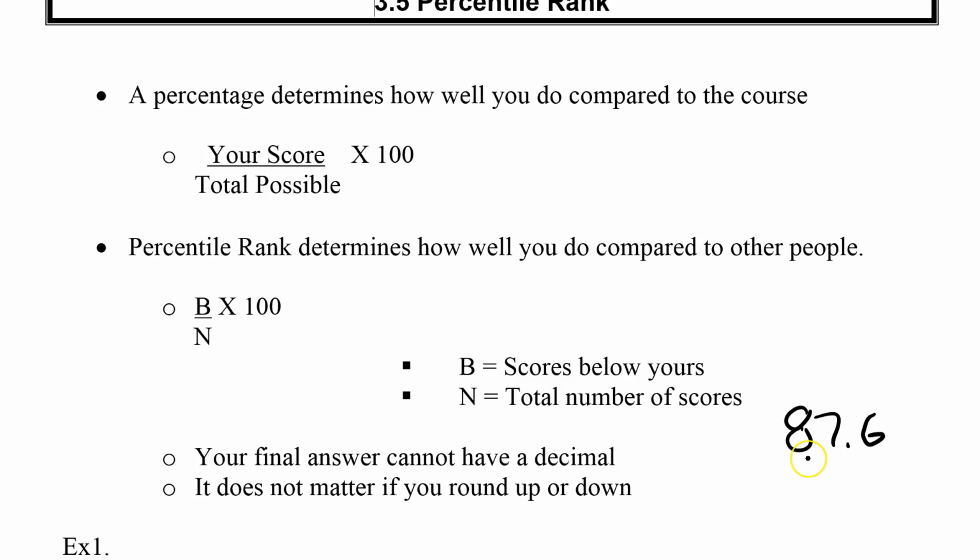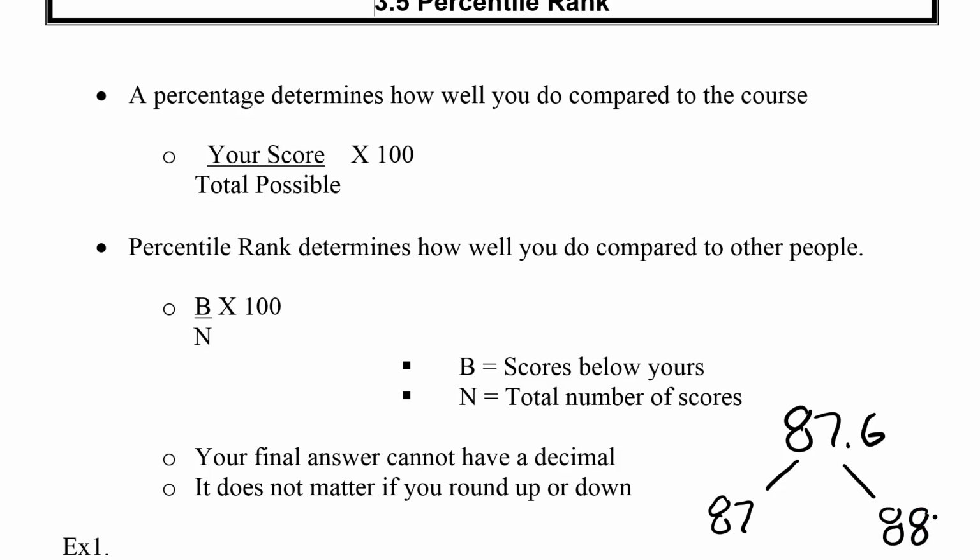But with percentile rank, our regular rounding rules don't apply. In percentile rank, you are technically correct if you go up or if you go down. So for this final answer, we would accept 87 or we would accept 88. But if we see a decimal, we won't accept that.